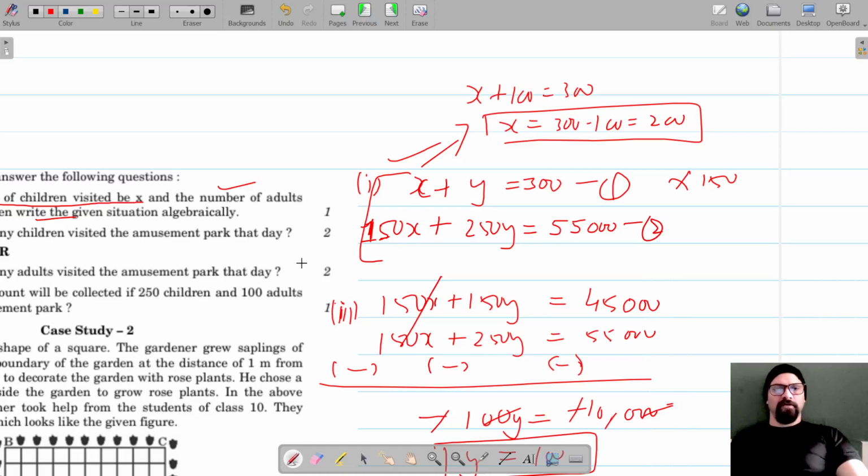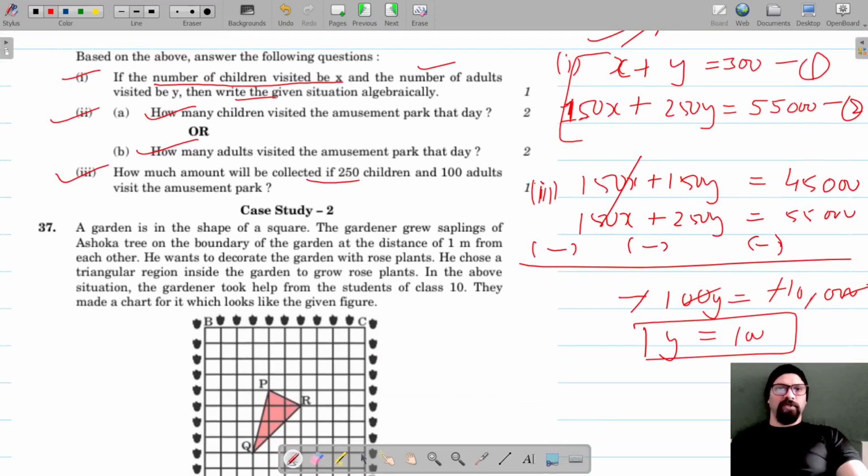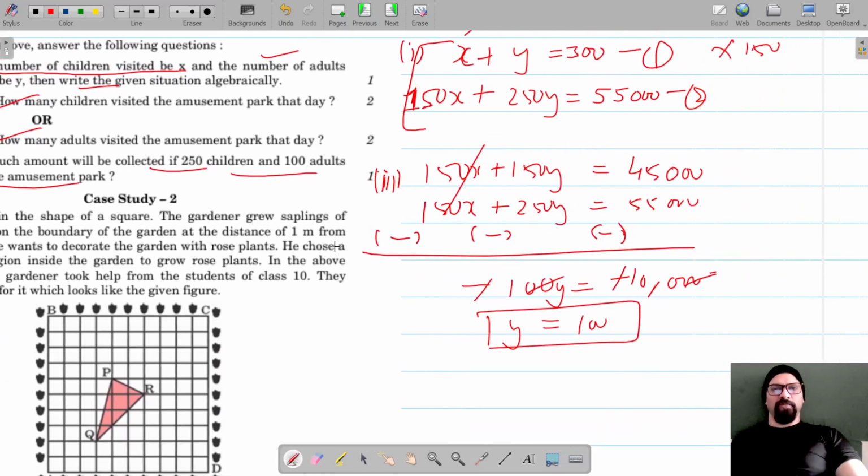Okay, and the third question says how much amount will be collected if 250 children and 100 adults visited the amusement park.